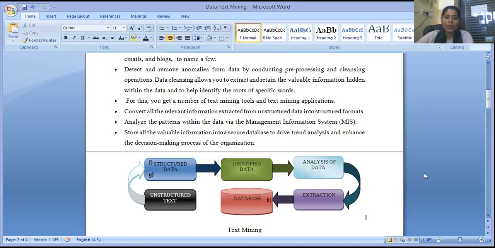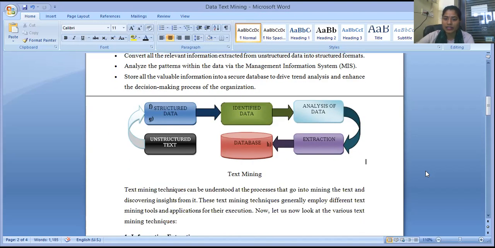So you analyze the patterns within the data via the management information system, and store all the valuable information in a secure database to drive trends analysis and enhance the decision making process of the organization, isn't it?